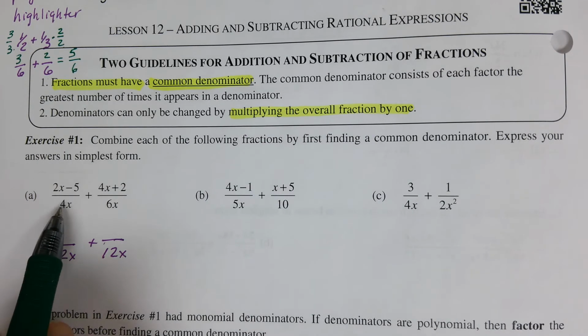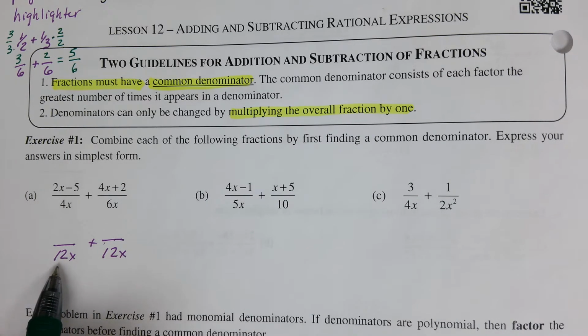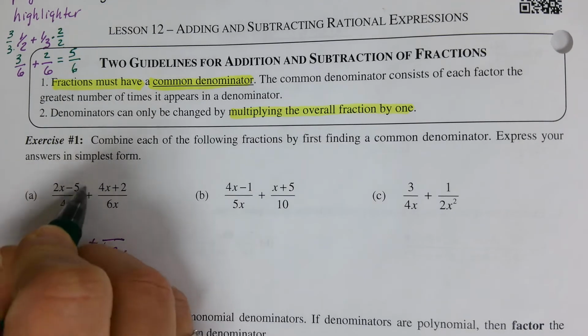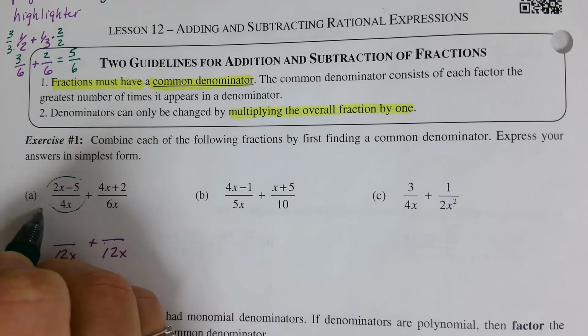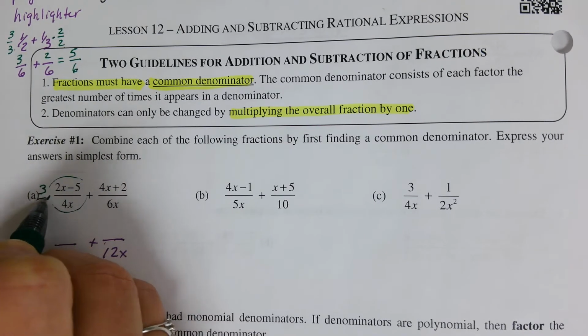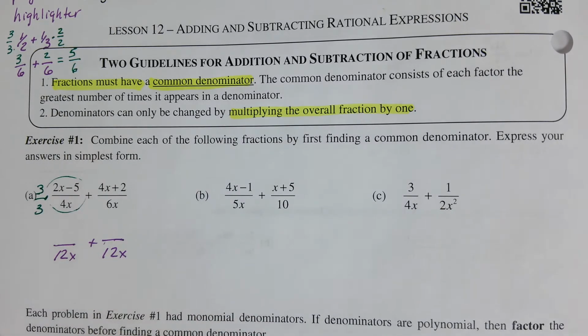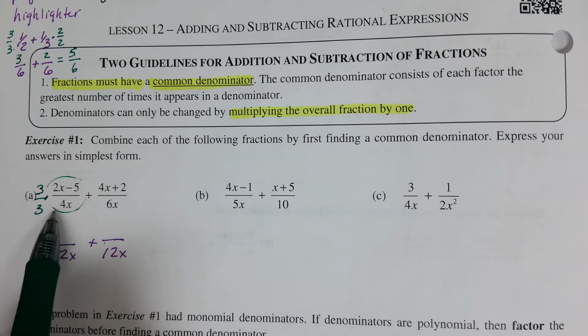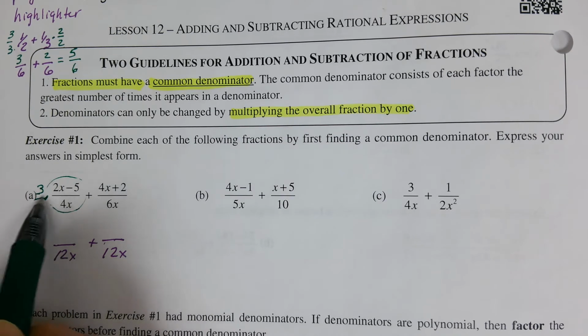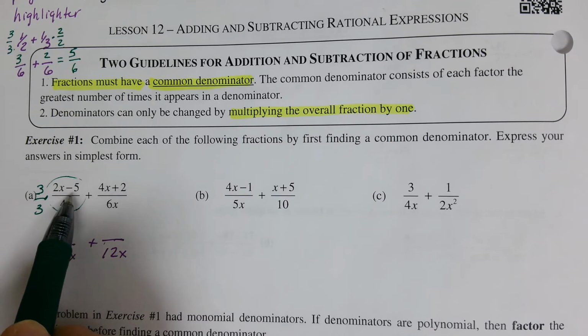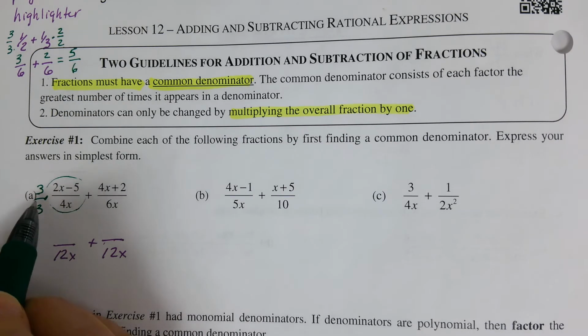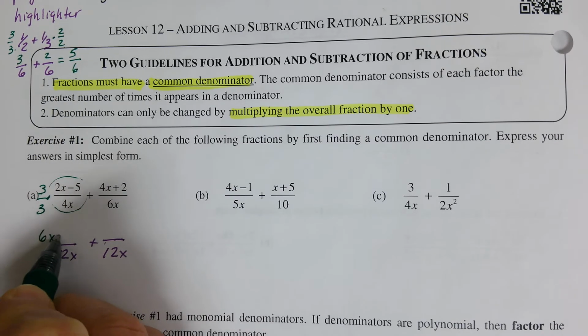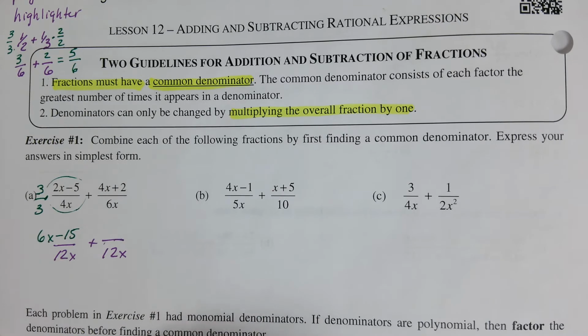What do we need to multiply 4x by to get 12x? 3. So we're multiplying this fraction here by 1 in the form of 3/3. 3 times 4x is 12x. 3 times 2x minus 5, distribute, is going to be 6x minus 15.